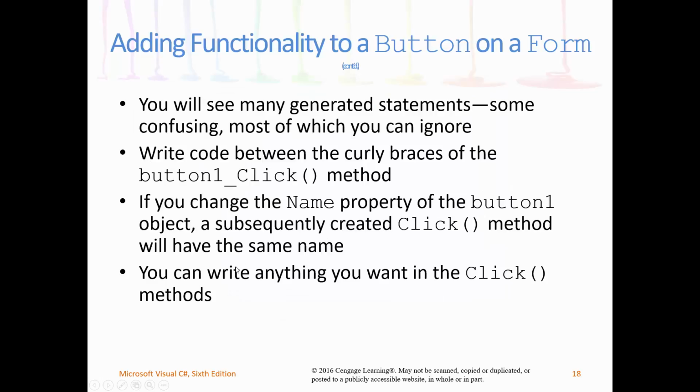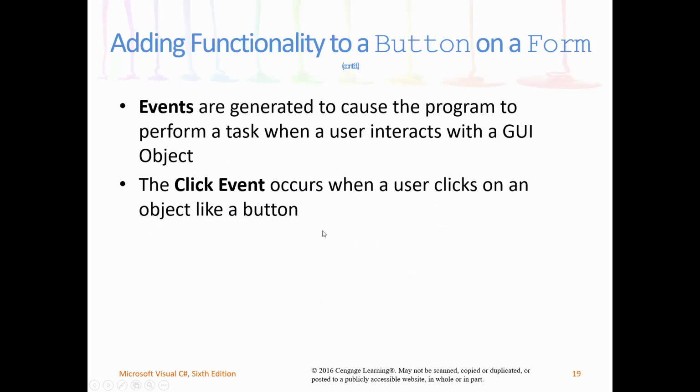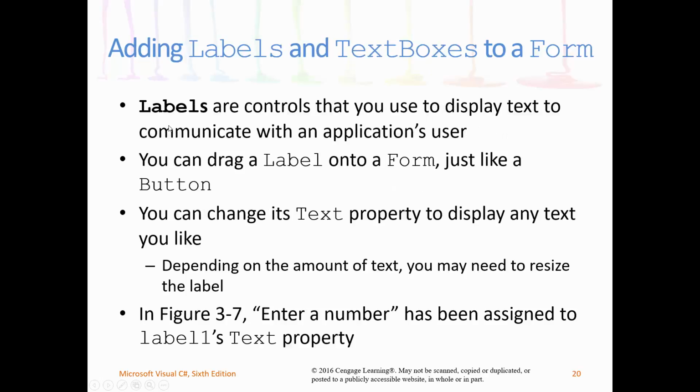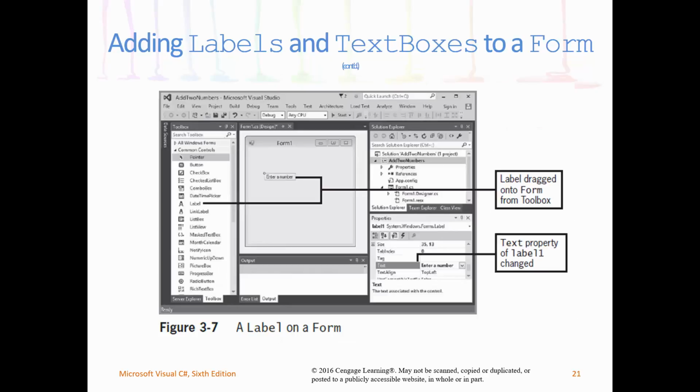Okay, you can put, as it says, anything you want in the click methods. We already talked a little bit about events. Again, generated to cause the program to perform a task. Click event is an example of an event. We talked about what labels were. Labels are just basically, they're kind of like headings. All right. And this is the example that they use in the chapter where they have you put in there, enter a number. And this is from page 113 in the book.